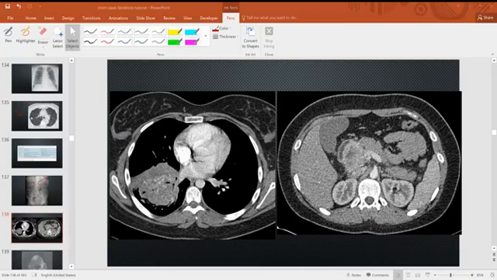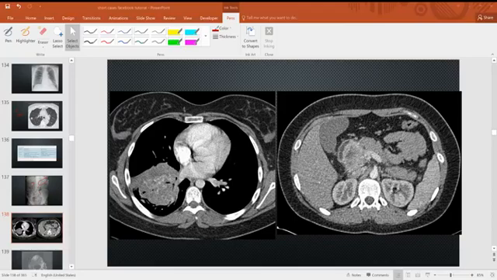We have a mass in the head of the pancreas and a right lung mass. Both are suspicious. Someone writes right kidneys, cancer head of pancreas. What is kidneys?